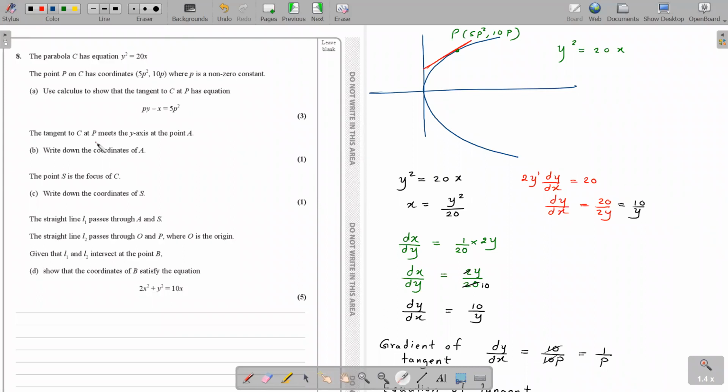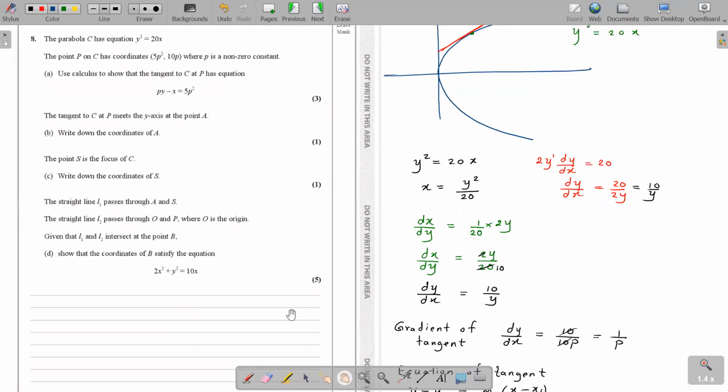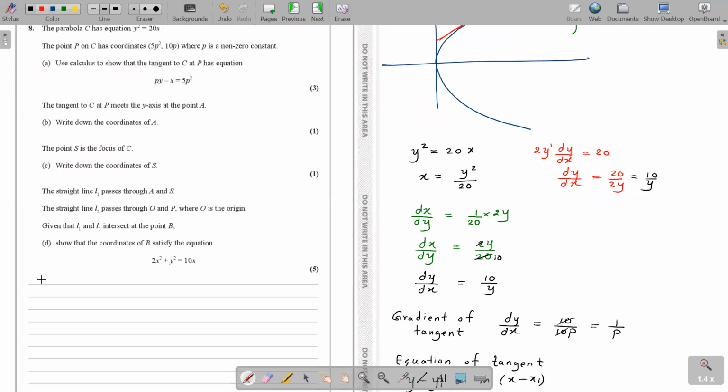The tangent to the curve at P meets the y-axis at the point A. So basically, we found the tangent to the curve at point P in part A. This is the equation. It was to show that. So this tangent meets the y-axis at the point A. So when you meet the y-axis, what do you need to do? In part B, when you meet the y-axis, x is 0. Take the tangent equation and make x 0. Py minus x equals 5p square.